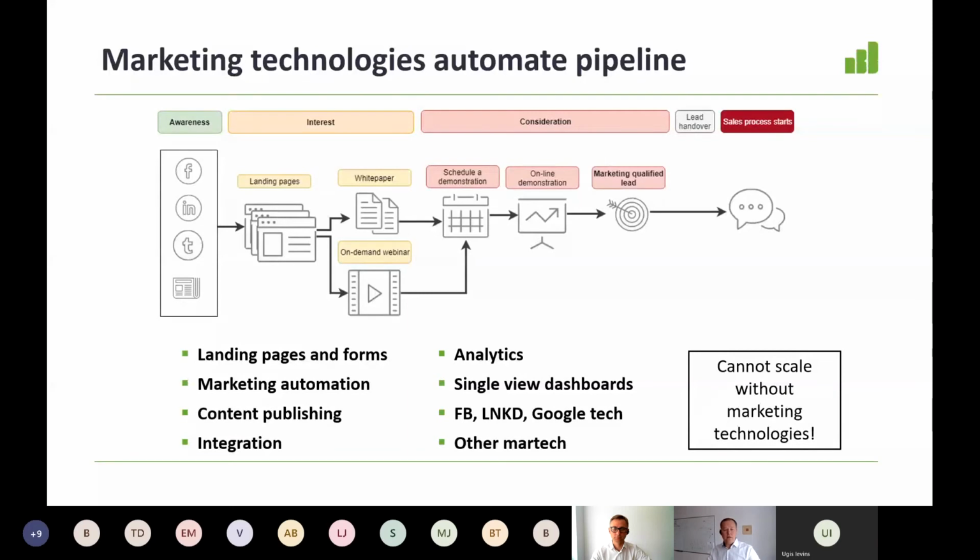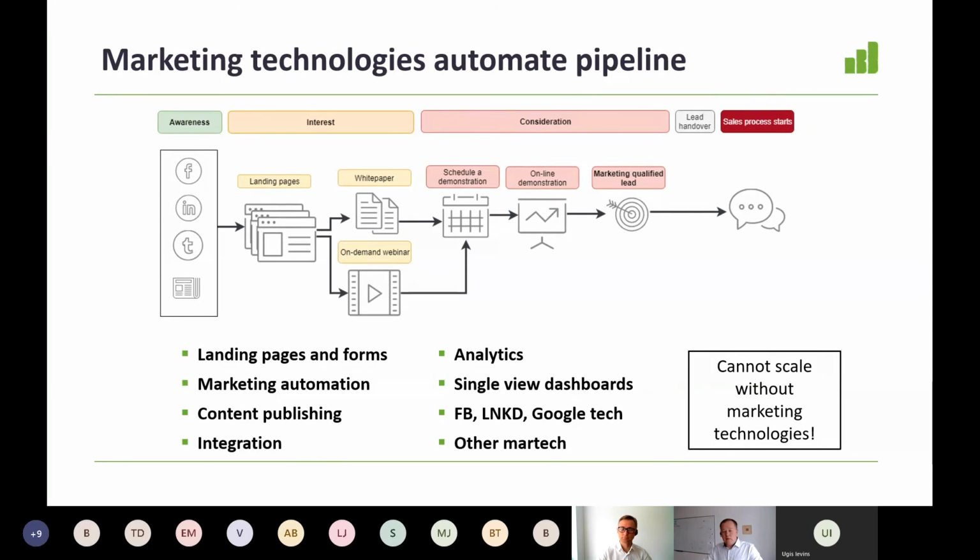Then, of course, you need other things like technologies for content publishing. Integration is an extremely important part, because usually you get a patchwork of different technologies and you need to integrate them together for many reasons. Generally, you need to set up an engine with different parts, and so on.